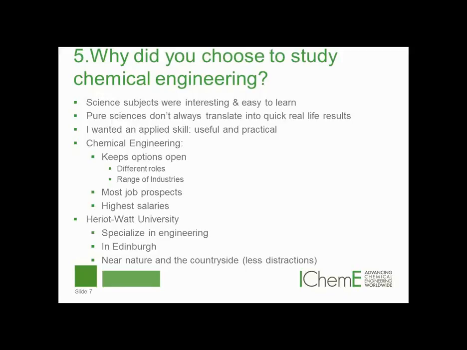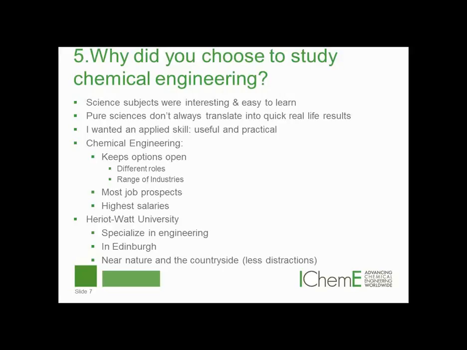I chose chemical engineering to keep my options open, because you can be a chemical engineer in so many different industries, and I already have. I've worked in pharmaceuticals, oil and gas, and I've also worked in a field called operational excellence, which is more to do with managerial skills and making improvements.